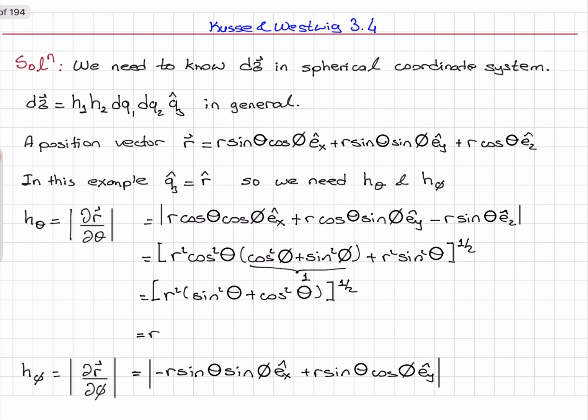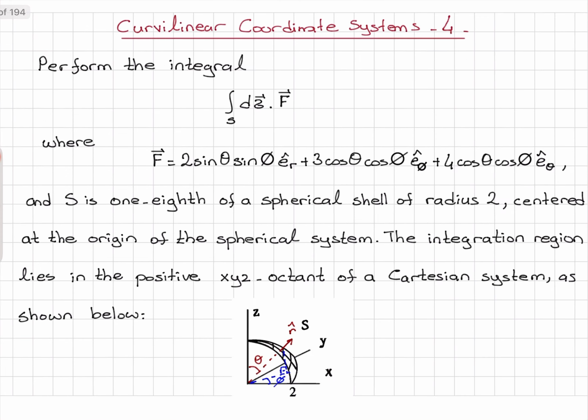Okay, so in this problem we performed a surface integral d sigma dot f. Force f is given in spherical coordinate system, and the surface is first octant of the sphere. That means x, y, z are positive. Theta varies between 0 and pi over 2, and phi varies between 0 and pi over 2. And our area vector must be perpendicular to the surface in r hat direction.